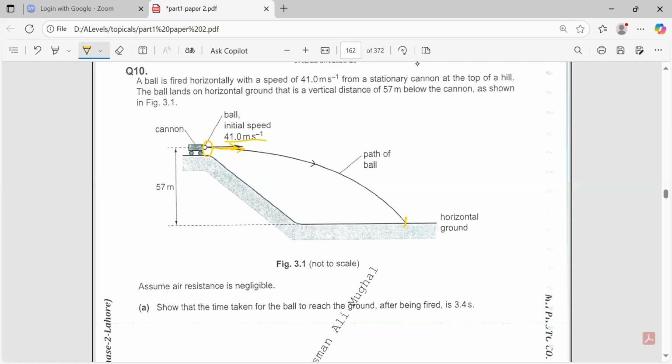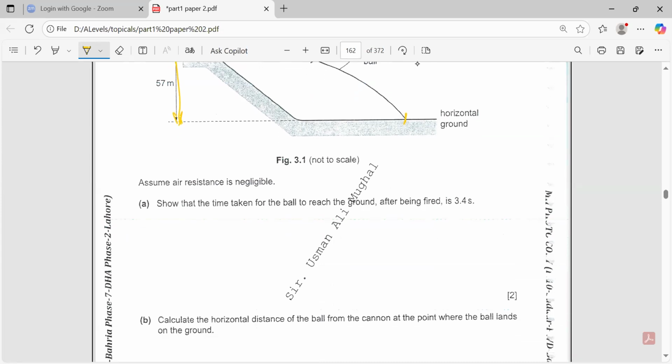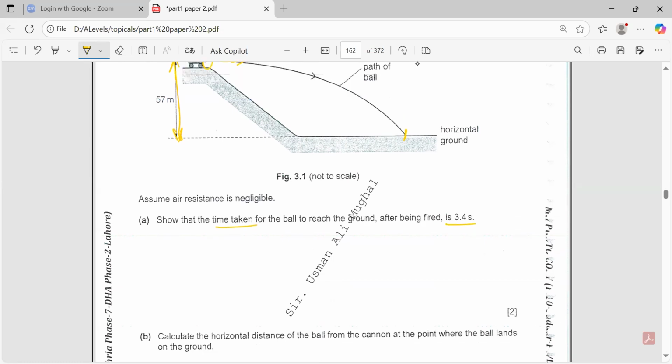Then this is the vertical distance covered is how much? The vertical distance covered is 57 meter below the cannon. So question says assume air resistance is negligible. आपने ये assume करना है कि air resistance मौजूद नहीं है। Question says show that the time taken for the ball to reach the ground after it is fired is 3.4 seconds.